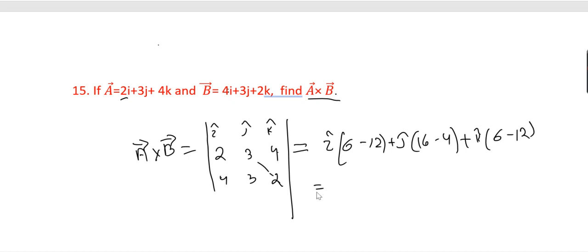If we simply calculate, we get minus 6 i cap plus 12 j cap minus 6 k cap. So it is a very simple question.